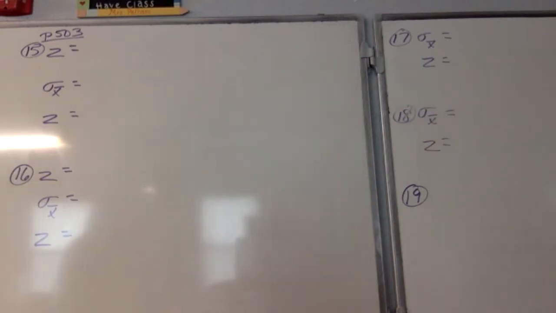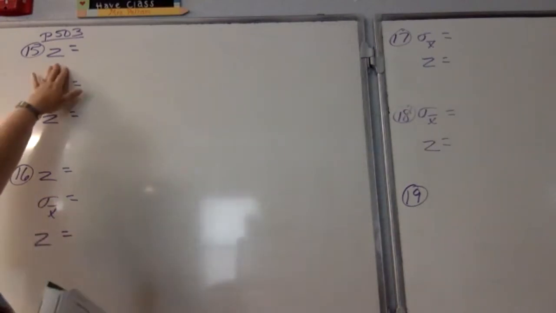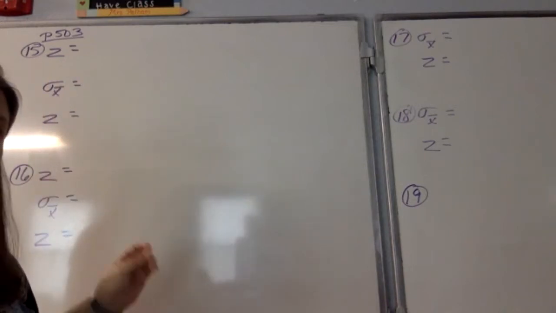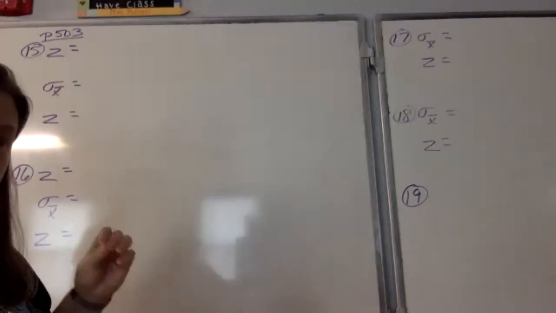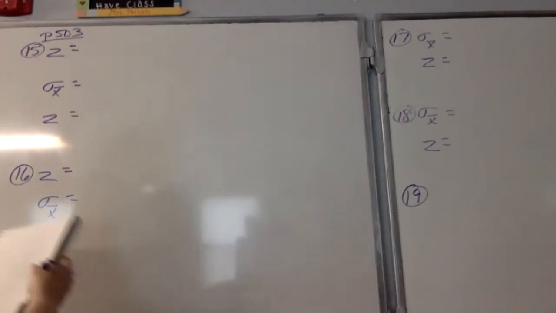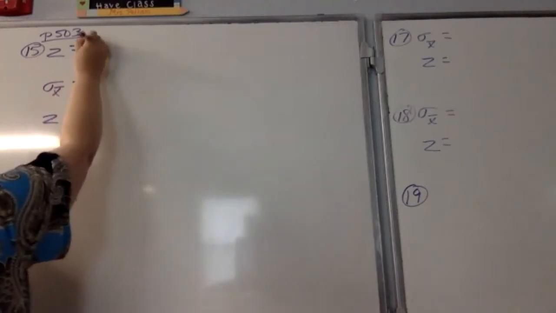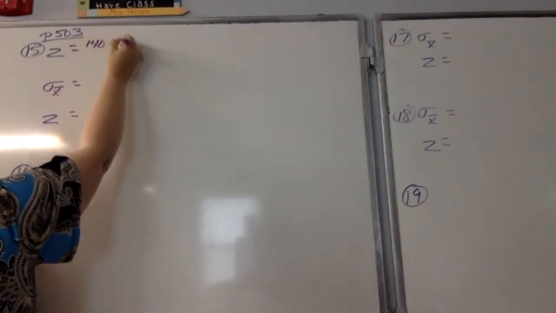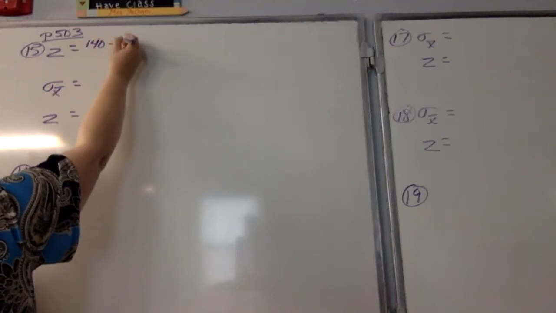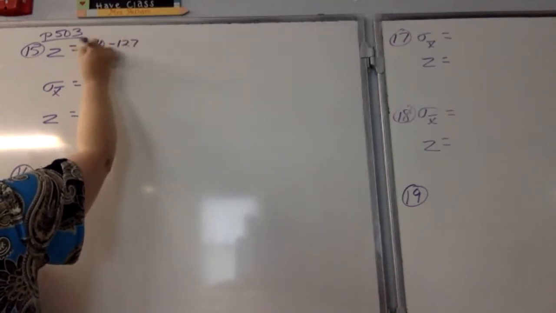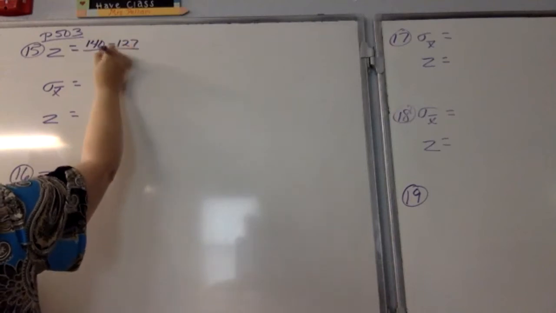So that's our individual amount. If you remember, our formula for z-score takes our x value minus the mean and divides it by the standard deviation. So our x value was 140, our mean was 127, and the standard deviation was 21.